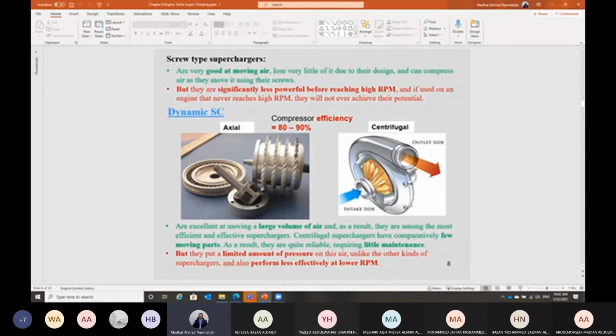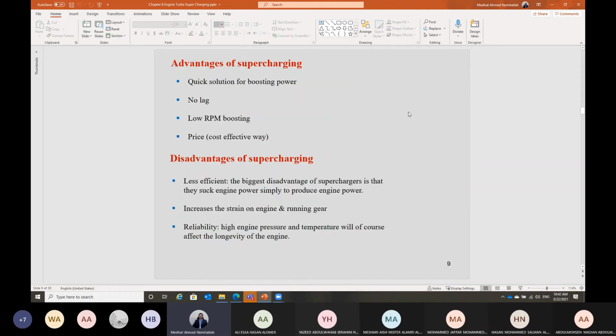This design, especially the axial flow compressor, can draw more air, and it also has few moving parts, so it requires little maintenance. But we also have the same drawback. It results in a limited increase of pressure and limited amount of air when the engine is running at lower RPM.